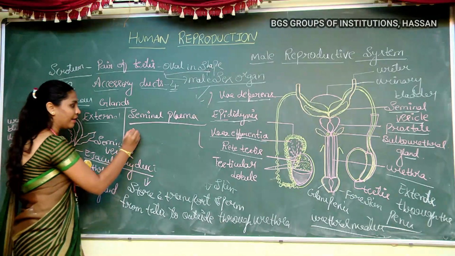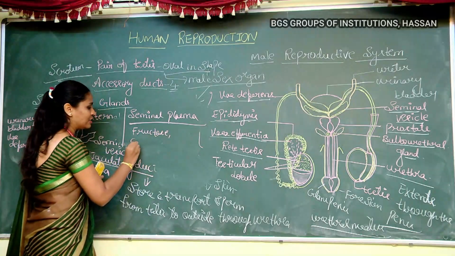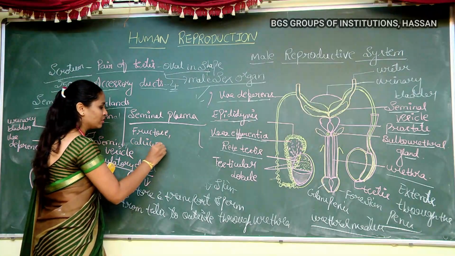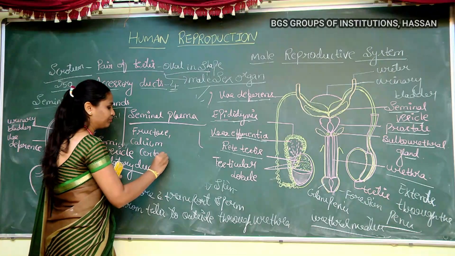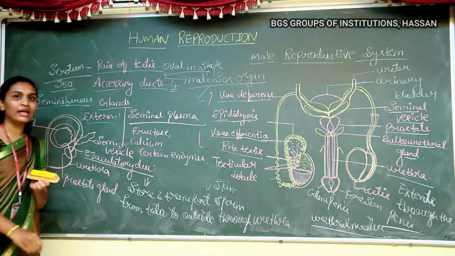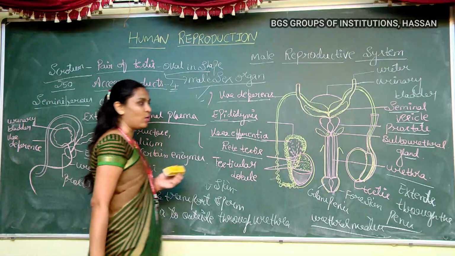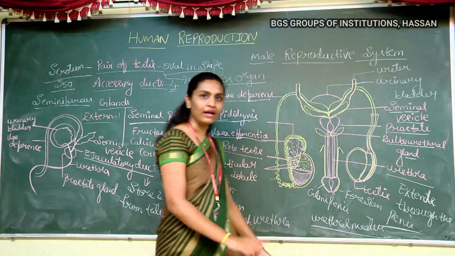Seminal plasma is rich in fructose, calcium and certain enzymes. This seminal plasma is secreted by the accessory glands.